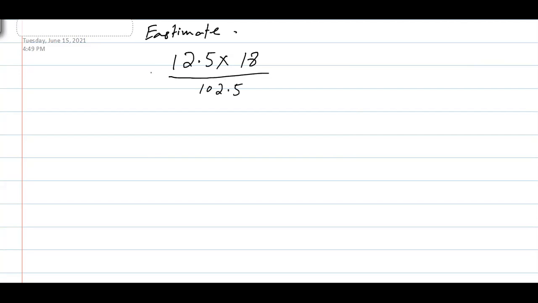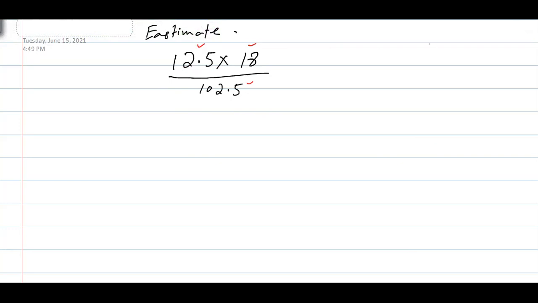Okay, let's see. The question is estimate, and the rule of the estimation is: every number in this one, this number, this number, this number, you have to round to one significant figure. First, I will round this to one significant figure.